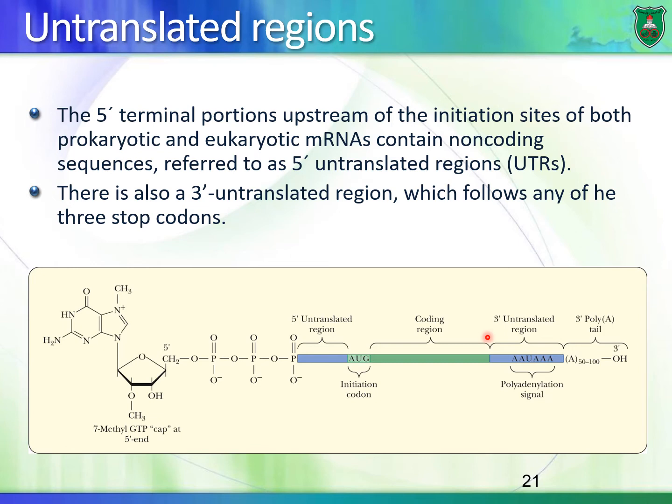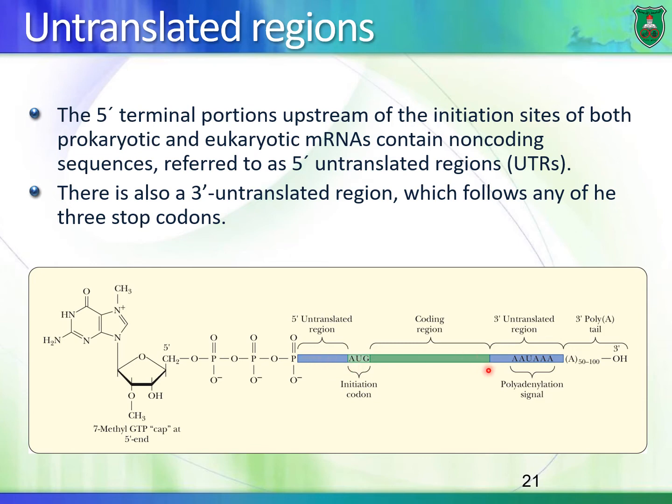I do not want you to confuse terms with each other. So right here, this is the transcription start site in the DNA. It starts with whatever nucleotide, but then translation starts later on, or at a sequence that comes after the 5' end.